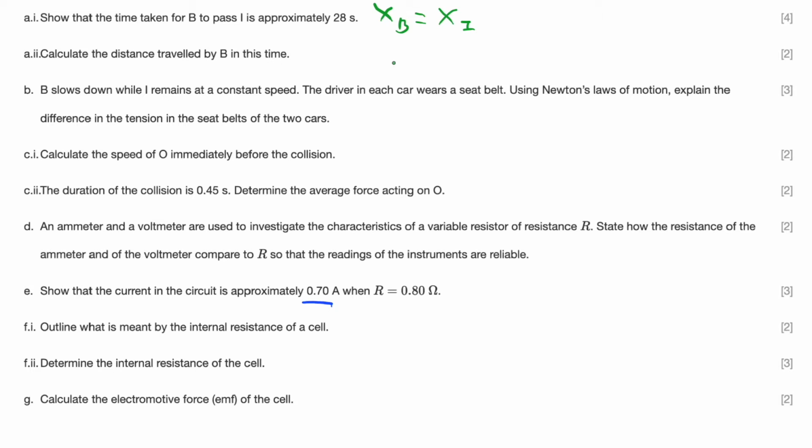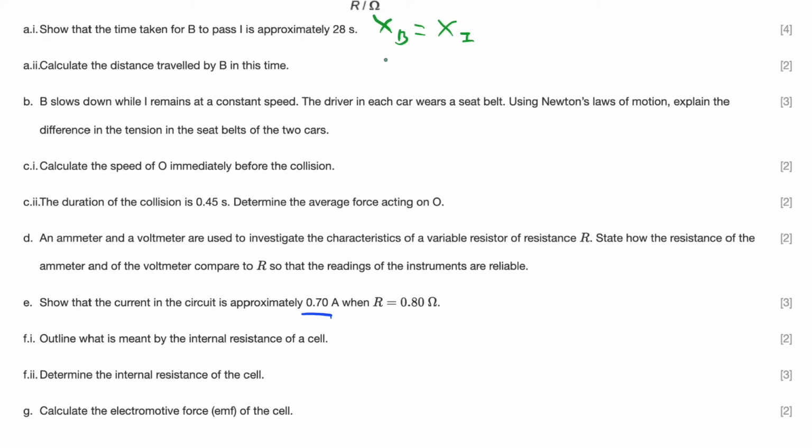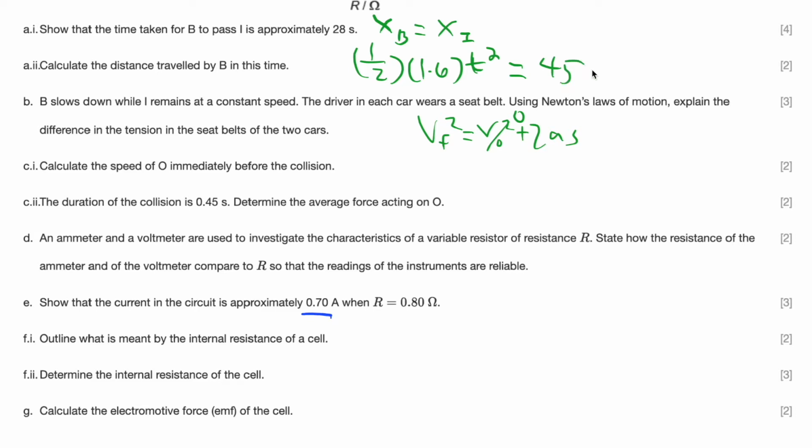B moves with an acceleration of 1.6 and has an initial speed of 0 meters per second, right? So by using the formula, you can find the displacement of B. This is the displacement traveled by car B, and for I, because it has a constant speed of 45, the displacement is just equal to 45t.